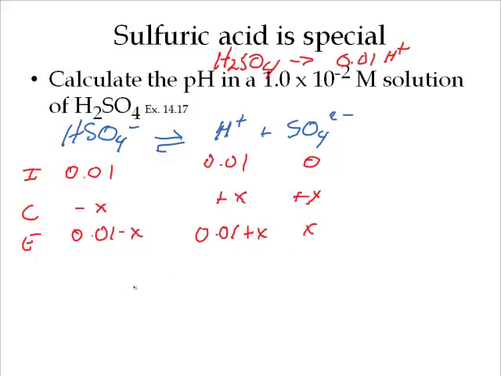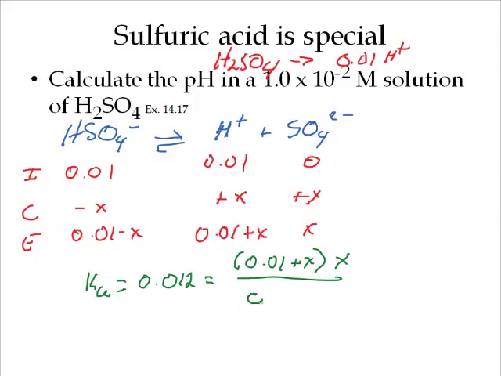So let's go ahead and write out this equilibrium expression. All right, so my Ka equals 0.012, right? And that equals 0.01 plus X times X over 0.01 minus X. Now, like always, this is a weak acid problem, so what we're going to do is make the assumption that this little X right here is insignificant, so we're going to go ahead and ignore it.